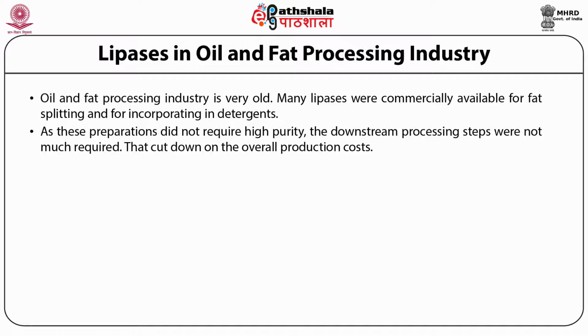This sometimes can constitute as high as 70 to 80% of the overall production cost. So, as these preparations did not require high purity, these downstream processing costs were not involved, and that cut down on the overall production costs of these industrial enzymes.